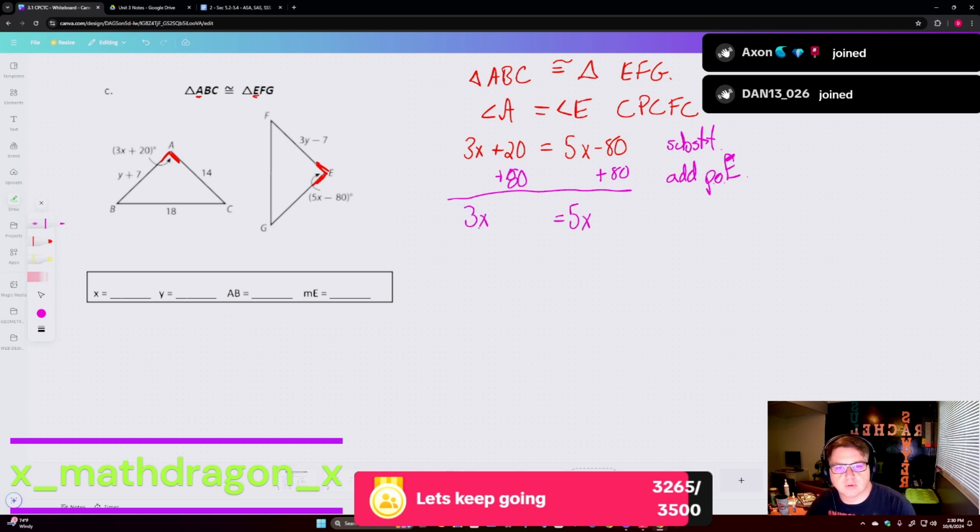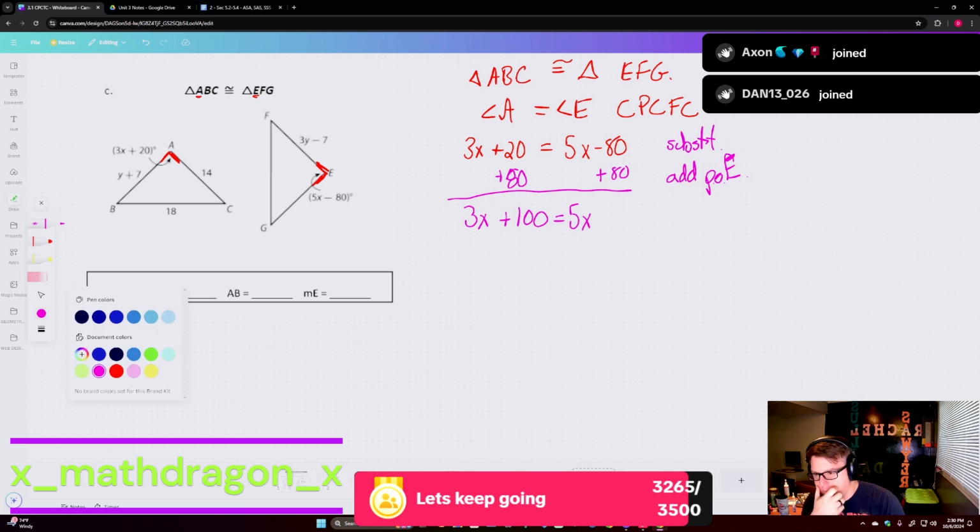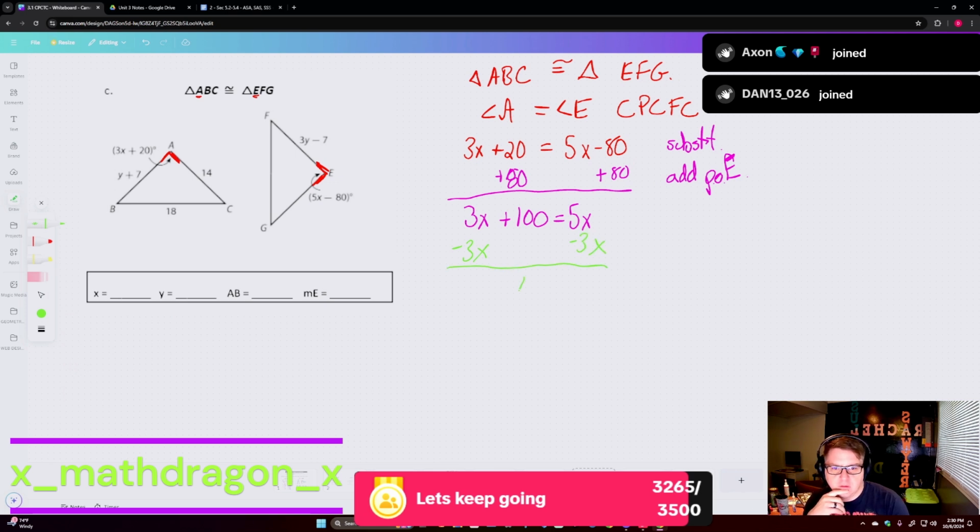5x equals 3x plus 100. We'll subtract 3x. And 100 equals 2x. This zeroes out the 80s. Subtraction property of equality. Then this is going to zero out the 3x's. Then divide by 2. x equals 50.